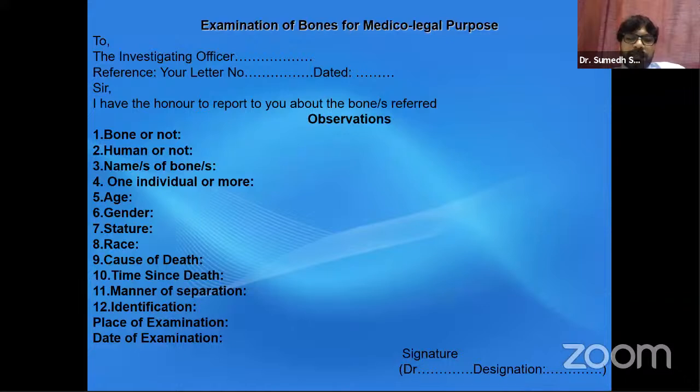So this is how one has to go stepwise. These are the 12 steps, and you need not remember to mention the place of examination and date of examination. One very important thing: why you are going there, because we have been called so many times at the crime scene. So what is our use at the crime scene?